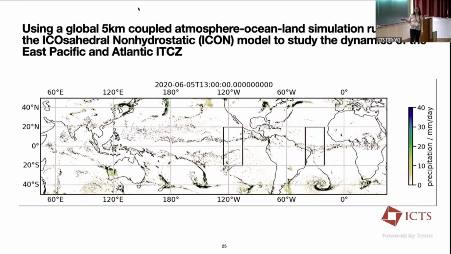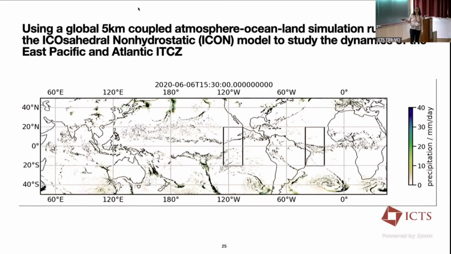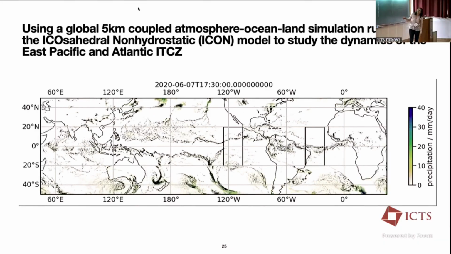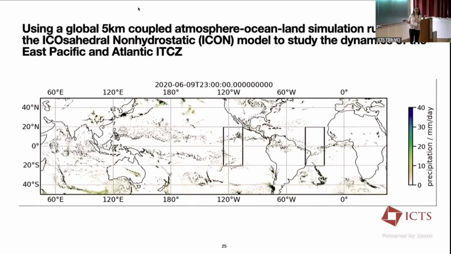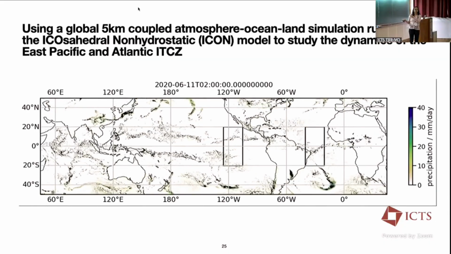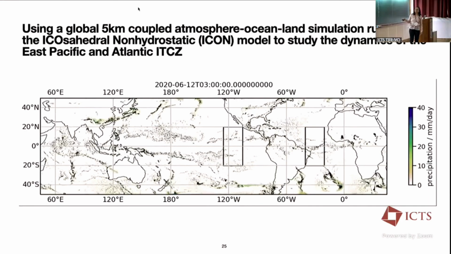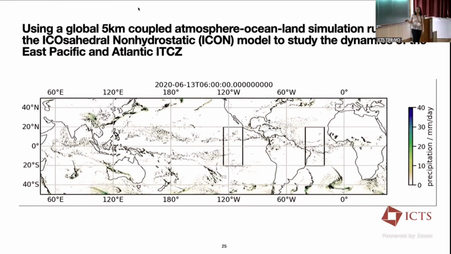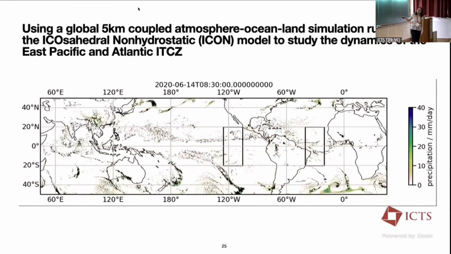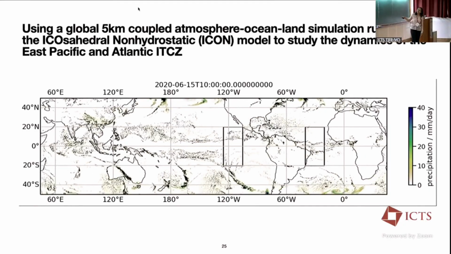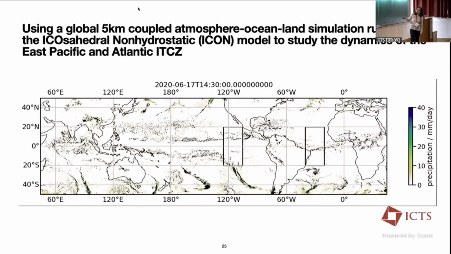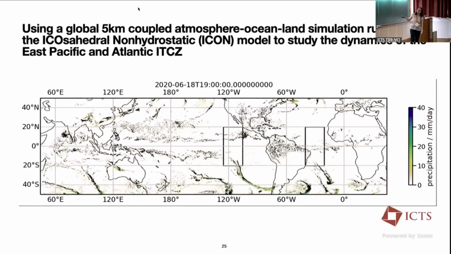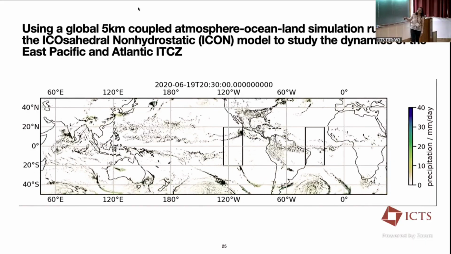You could see the diurnal cycle in the precipitation. This is not the run that I end up using in my analysis, but you could see there's a deficit in the precipitation in the West Pacific. And you would see a lot of tropical cyclogenesis happening in the East Pacific. And you have the easterly waves coming in through Africa.